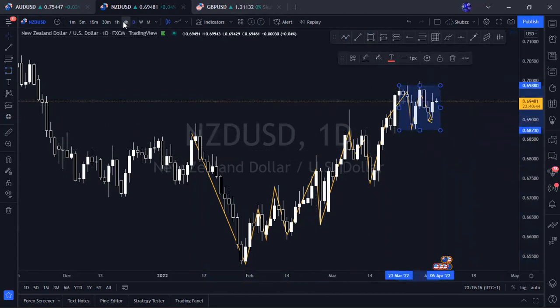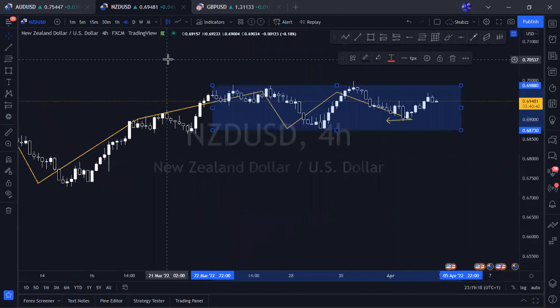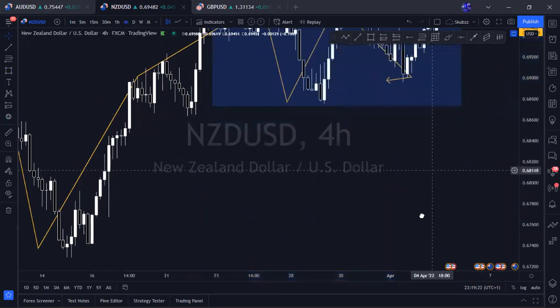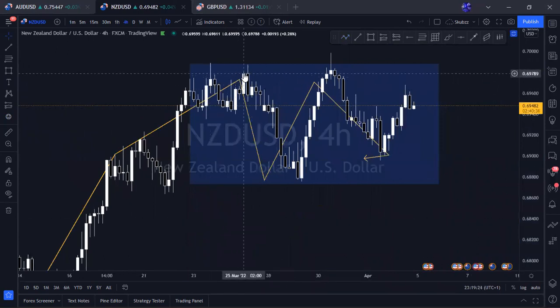Let's jump to the 4-hour and look at the most recent structure. Yeah, it's actually inside this range. We've been going up, down, and then we exploded to the downside, which I was actually expecting to be a retest of this point here. But then we went up, took liquidity, and then came down. And now we broke the most recent structure.